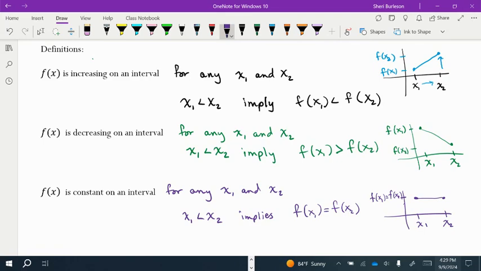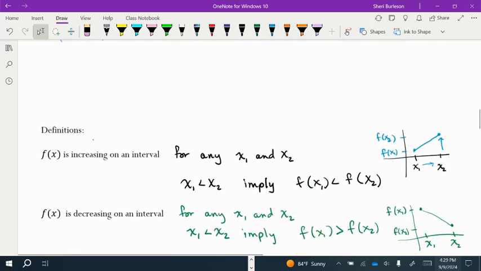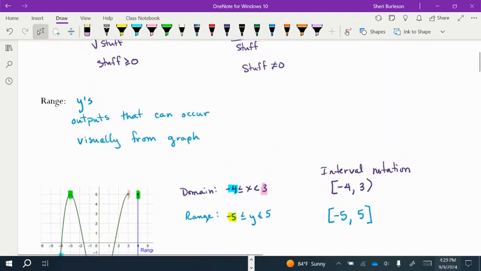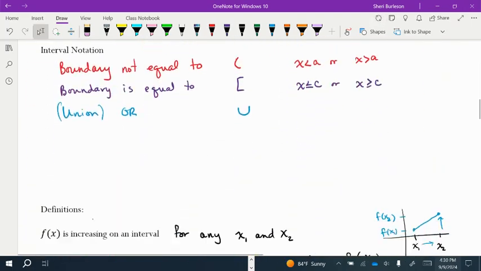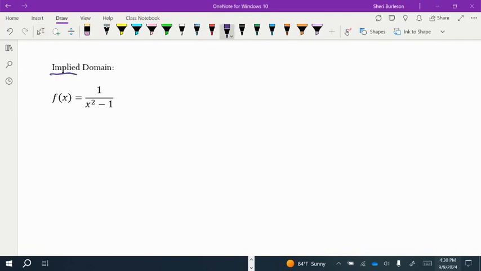Okay, so now that we understand increasing intervals and decreasing intervals and constant intervals, and we understand interval notation, and we're thinking of domain and range, if you are given a function and asked to find the domain, we are looking at what is referred to as the implied domain.